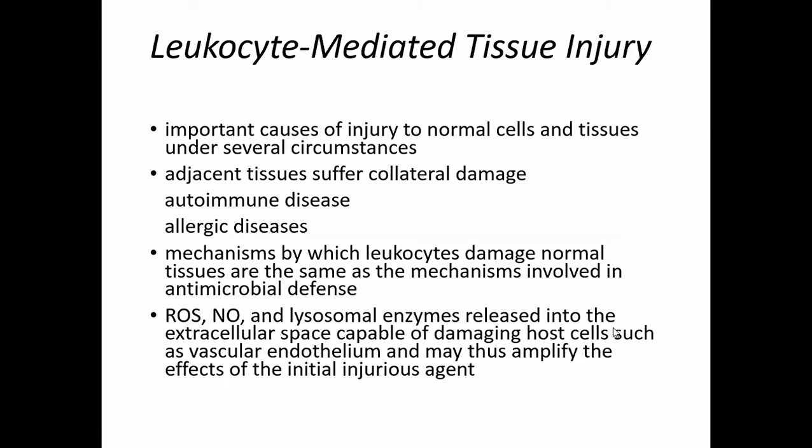The leukocytes are the most important cause of injury to normal cells and tissues under several circumstances. As part of the normal defense against infectious microbes, adjacent tissues also suffer collateral damage. In some infections that are difficult to eradicate, such as TB and other viral diseases, the prolonged host response contributes to more pathology than does the microbe itself.